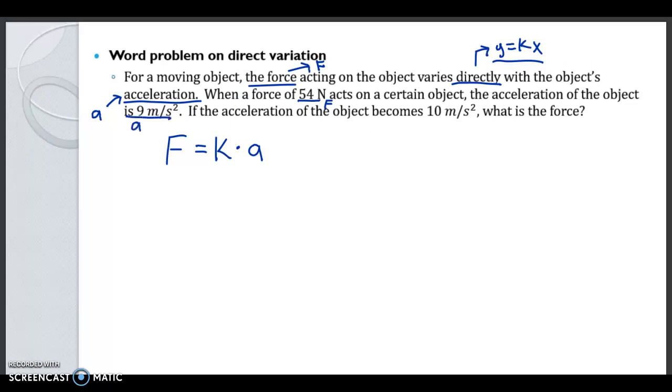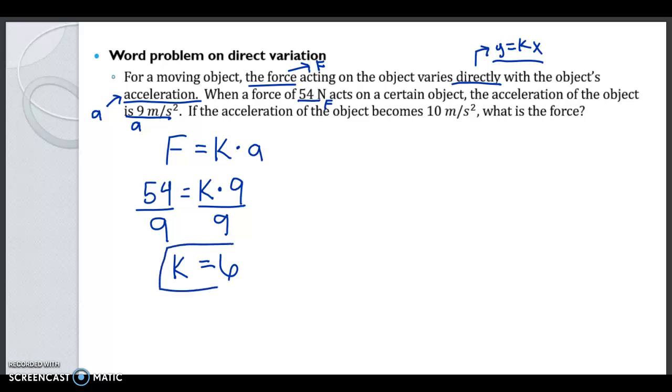So this is acceleration. So let's do that portion and find k. So I have a force of 54 equals k times 9. Now let's divide by 9 to find out what our k, or our constant of variation, is. K here is also going to equal 6. So let's box that because I know that's important.